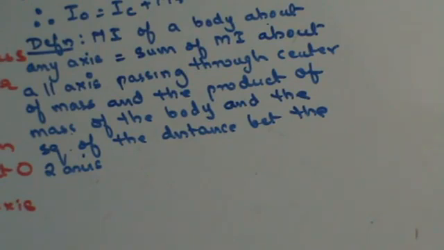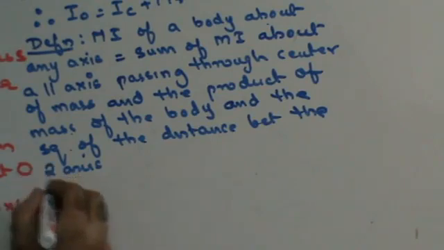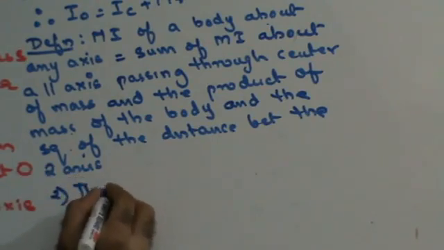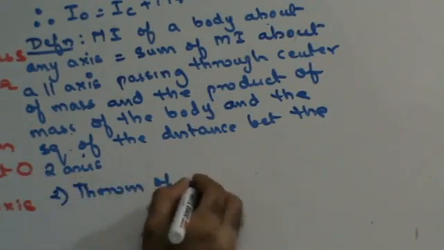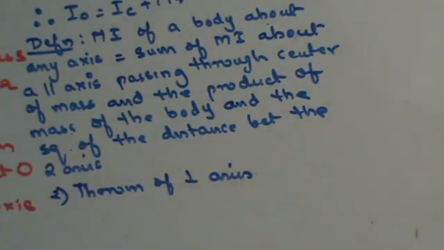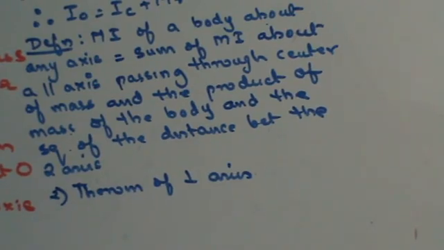Next, let's see the theorem of perpendicular axis. First let's derive the theorem and then we'll write the theorem down. Let's consider a rigid body. Let's consider two axes on the body, this is my y-axis and x-axis.